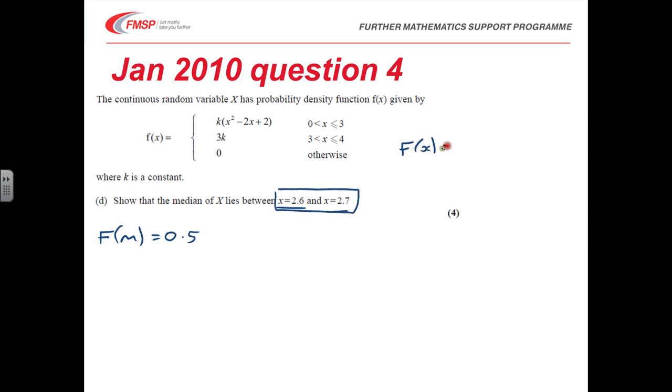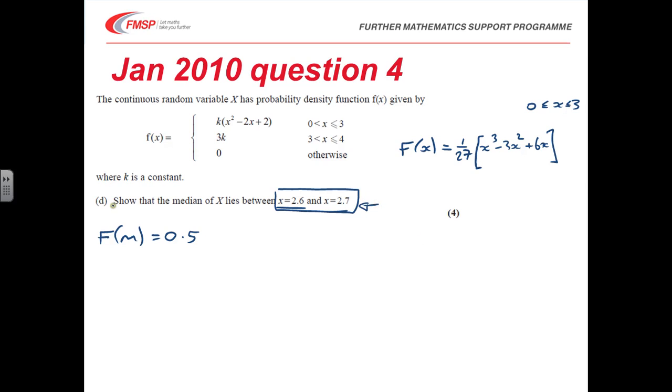Just to remind you, between those two regions, F of x turned out to be 1 over 27 after I tidied it up: x cubed minus 3x squared plus 6x. That was for the region between 0 and 3, and that's the only region I'm going to be considering here.